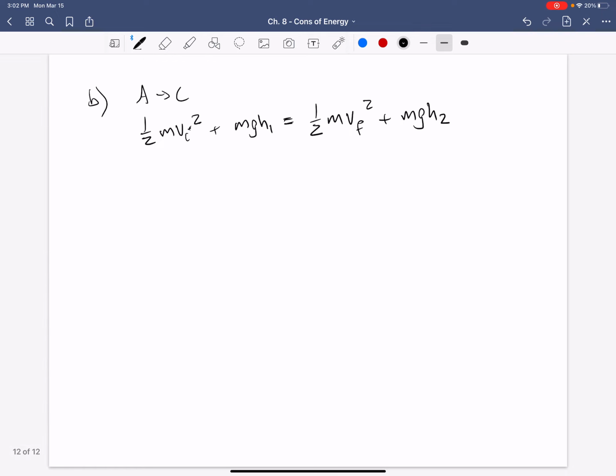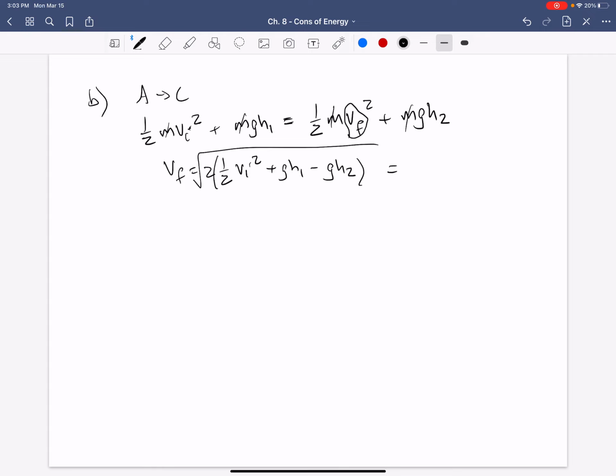And what we're trying to solve for is this final speed. So actually now you can also cancel out mass. And then after a little rearranging, we get 1/2 v initial squared plus gh1 minus gh2, and all of that times 2, and square root of all that.